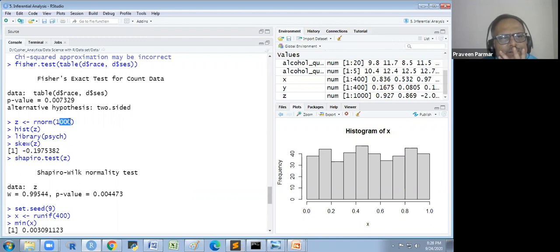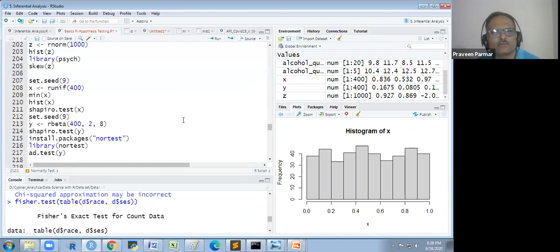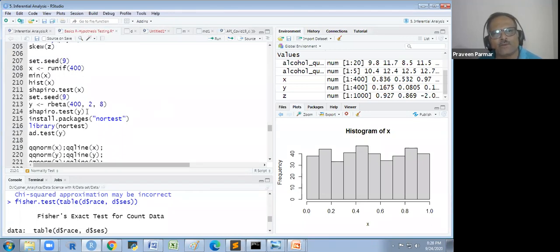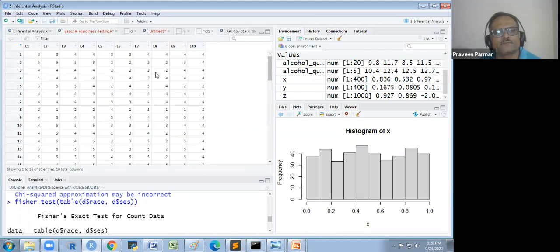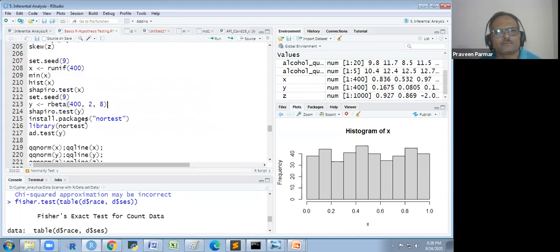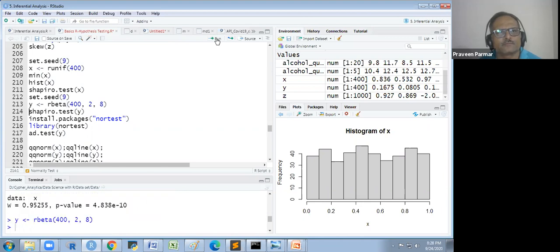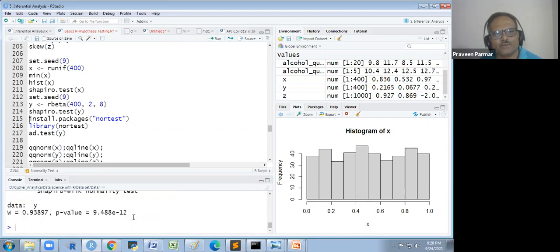We have run the Z. In spite of that, I think maybe some mistake over there. I don't know. For the beta distribution, if I say, so it is not normally distributed.